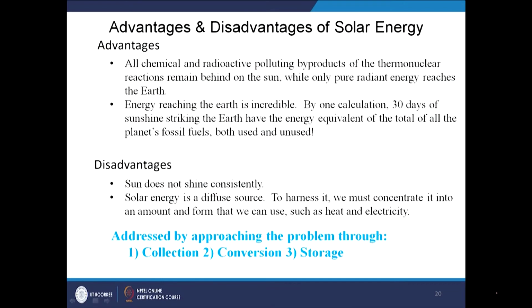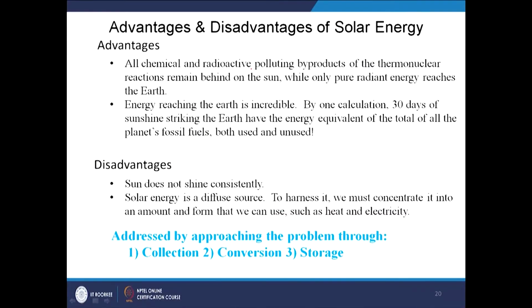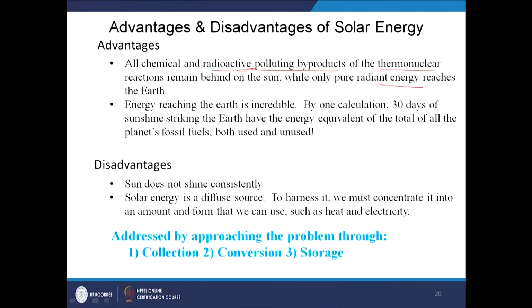Now, the advantages and disadvantages of solar energy. The reactions for the production of solar energy take place in the sun, so the earth is not getting any pollutants from this. All polluting byproducts from chemical, radioactive and thermonuclear sources remain in the sun, and only a pure form of energy reaches the earth.